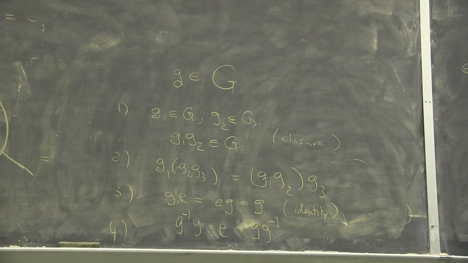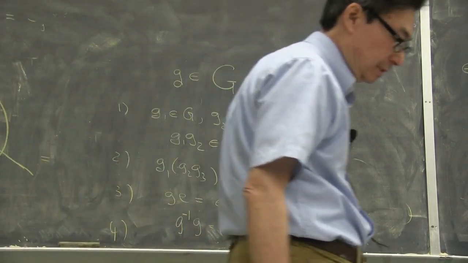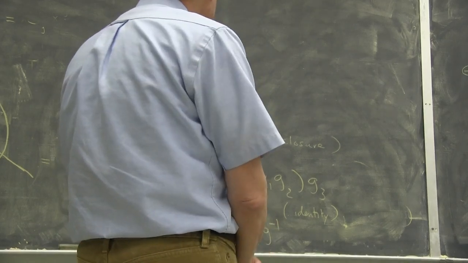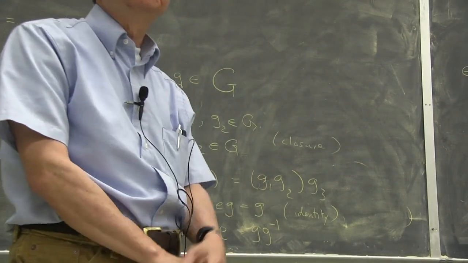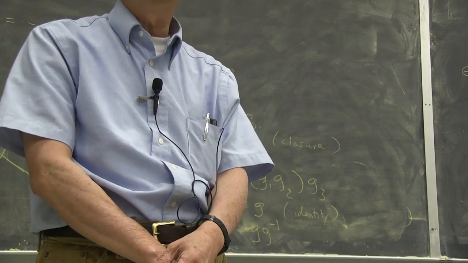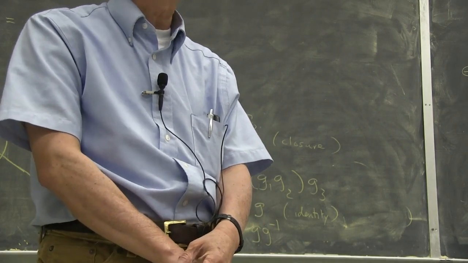A group has to satisfy these four axioms, and any set of objects with a given multiplication rule that satisfies these four axioms is called a group. So it's a very general kind of thing.